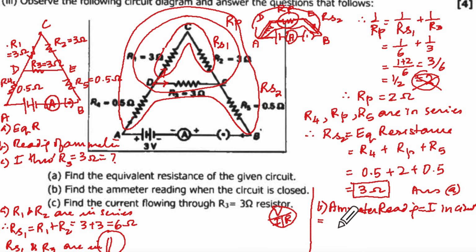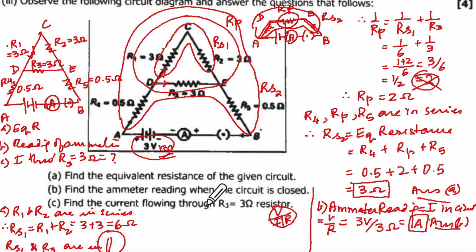So I will be equal to V upon R. How much is V over here? 3 volt upon 3 ohm. Check, internal resistance is not given. That means internal resistance we are not going to take into account. So 1 ampere is your answer B. Correct? Underline that.